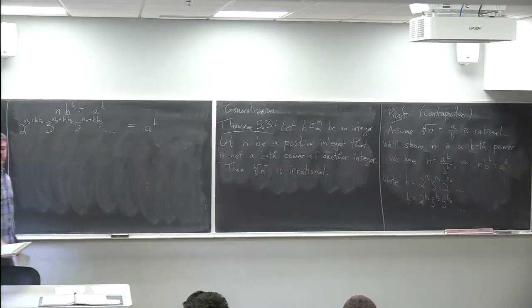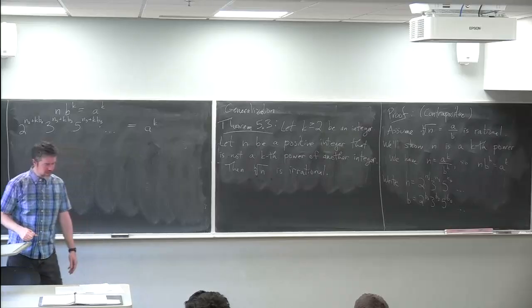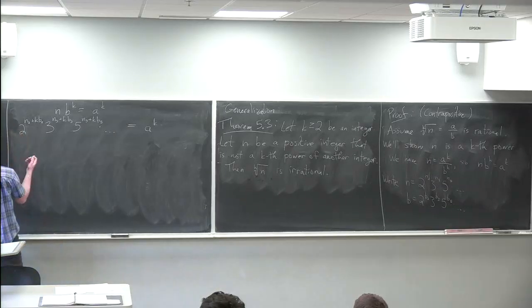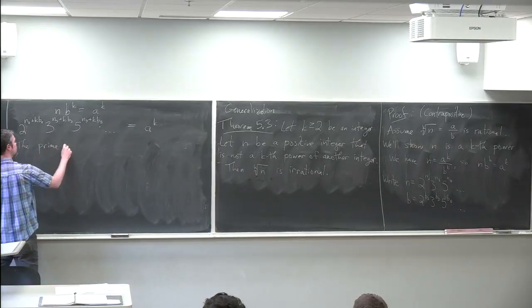Okay, and this is supposed to be a perfect kth power of an integer. There was a thing that we mentioned last class, that if you have a kth power of an integer, then all of its prime exponents have to be multiples of k. So the prime exponents of the kth power are multiples of k.